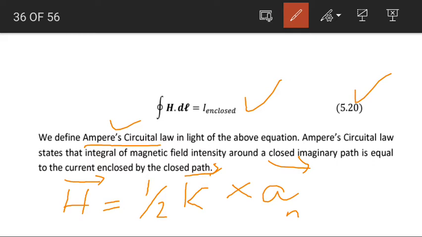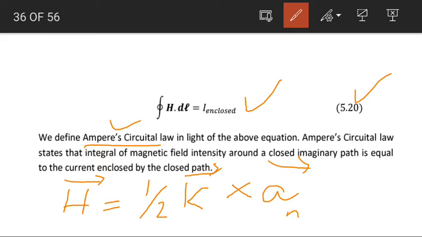So the current per unit width of the sheet is known as surface current density, and we consider this surface current density a vector quantity. You see, the direction of this surface current density is the direction of the current.